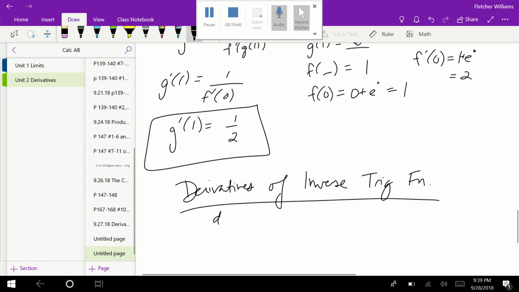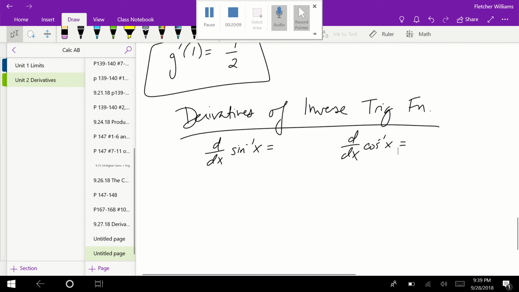Okay, so I'll give it to you and then we'll prove it. The derivative of inverse sine x. Actually, why don't we prove it first? So I'll leave it blank. Derivative of cosine inverse x, something else. Okay, so we'll fill that in just a second.